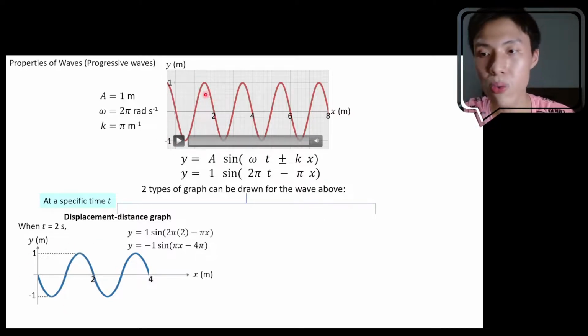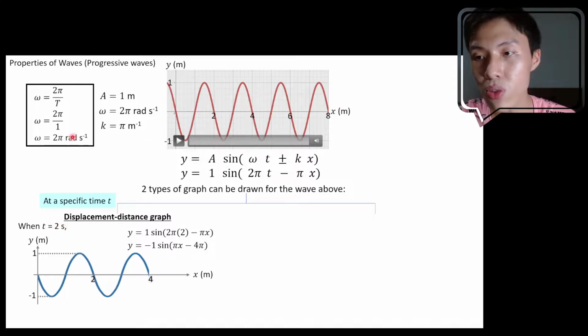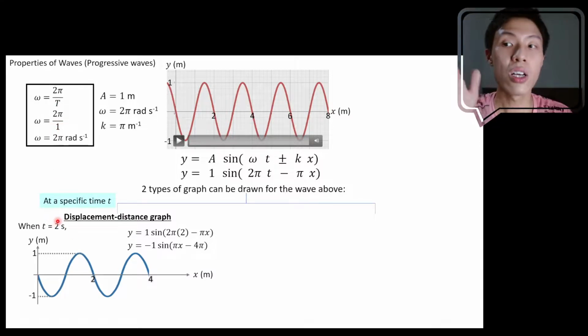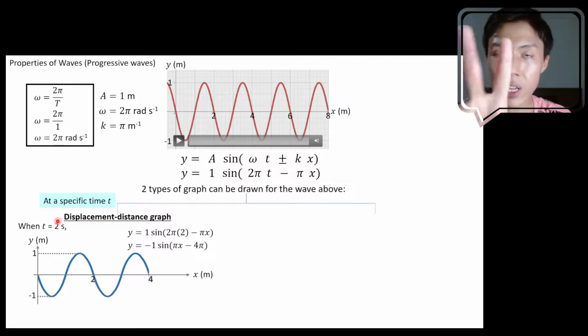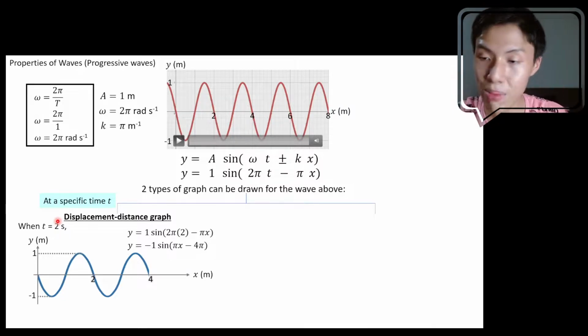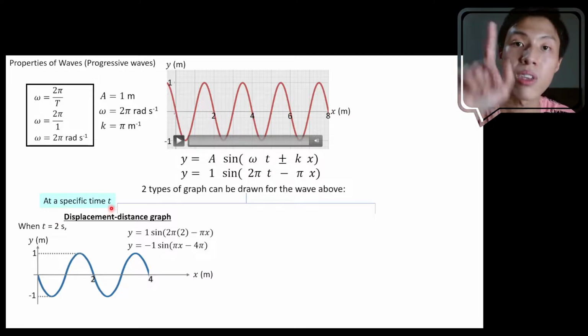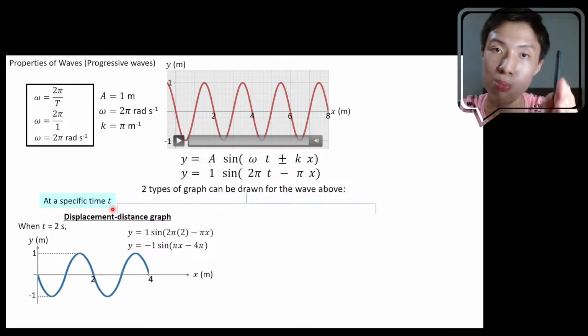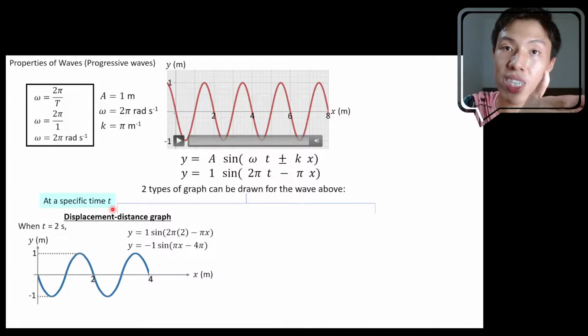Why is it so? Because if you remember, we are asking for the displacement distance graph at time t equals 2 seconds. So we know that the period here is 1 second. So what happened here when t equals 2 is you have undergone 2 periods already. So the time that has passed is 2 periods. So 2 periods means your wave has progressed by 2 complete wave cycles.